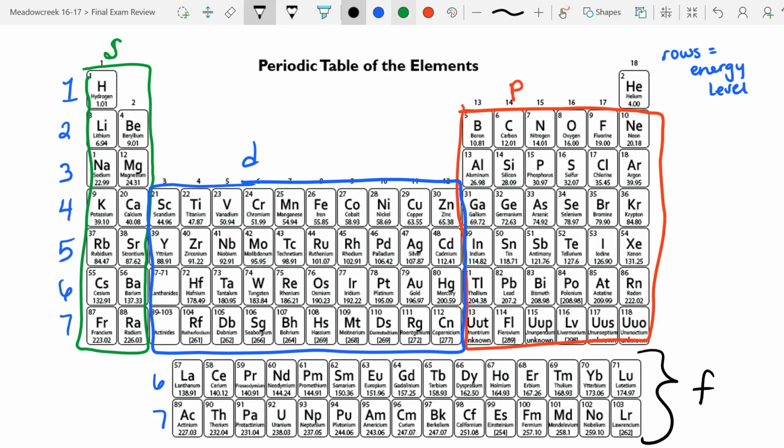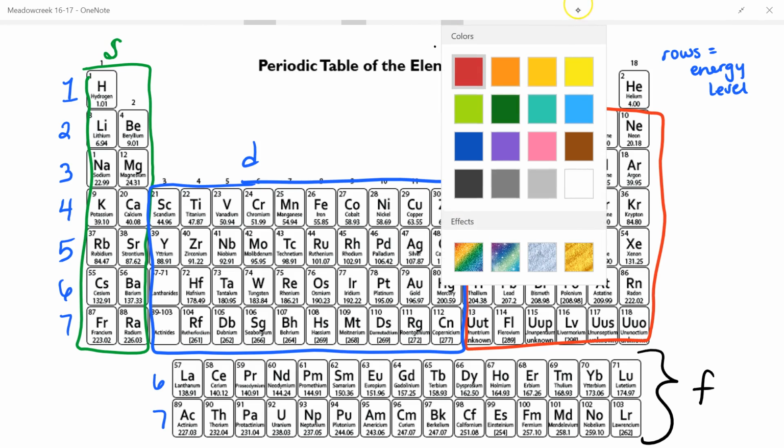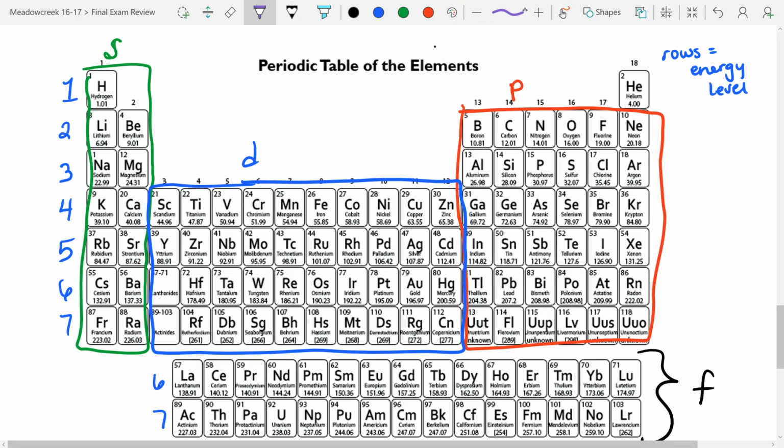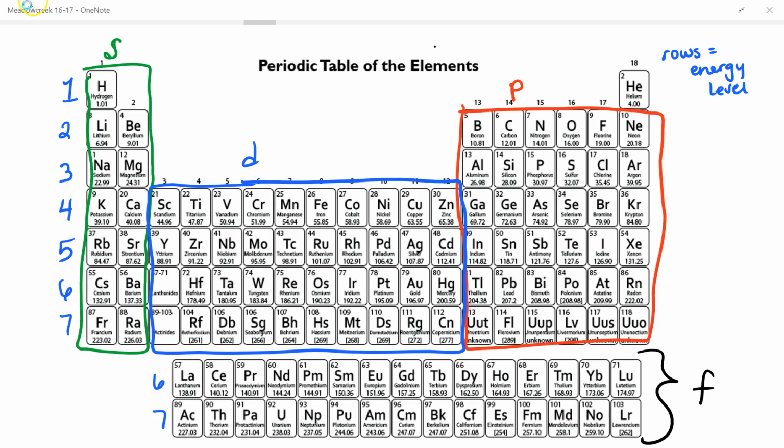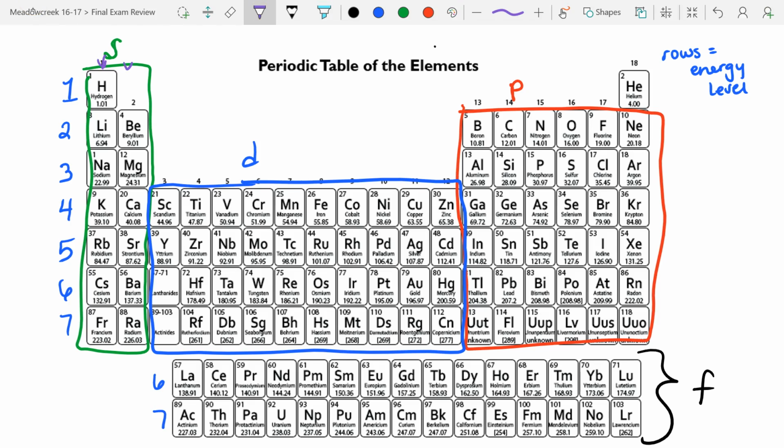Now one thing that you can take note of is that within each one, we know the S block can hold 2 electrons. Well, it has 2 columns. So this would be 1s1. It's on the first energy level, in sublevel s, and has 1 electron.